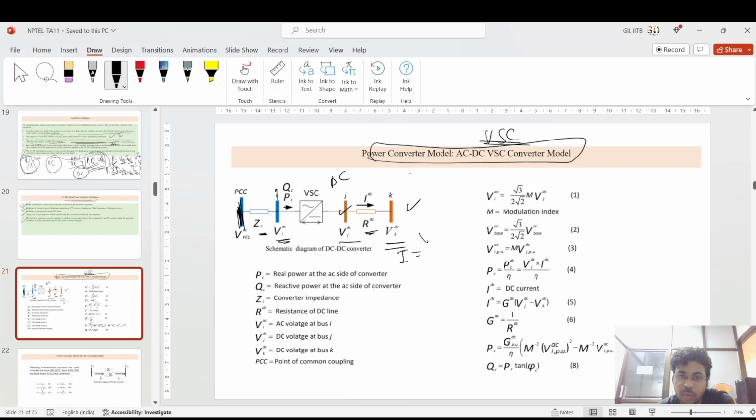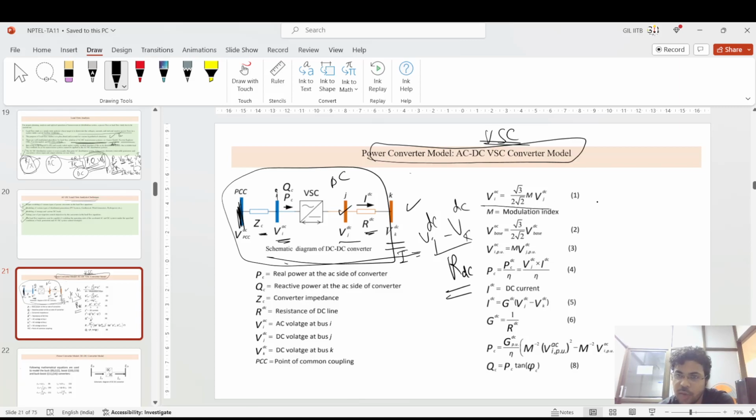In between, an RDC term is there. So the current in the DC system will be VJDC minus VKDC divided by RDC. You have to model this kind of system directly when you are analyzing the system.